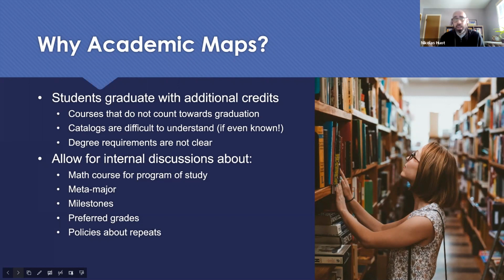A lot of times students are registering for the wrong courses, courses that do not count towards graduation, that may duplicate some of their efforts in the same area. Catalogs are also difficult to understand, if students are even aware of the catalogs.